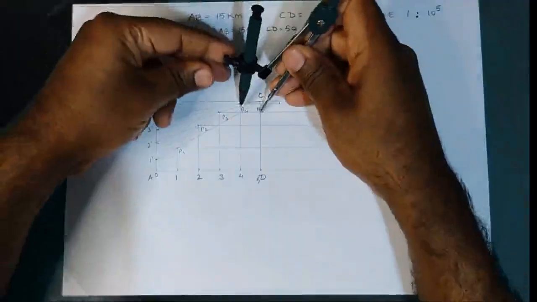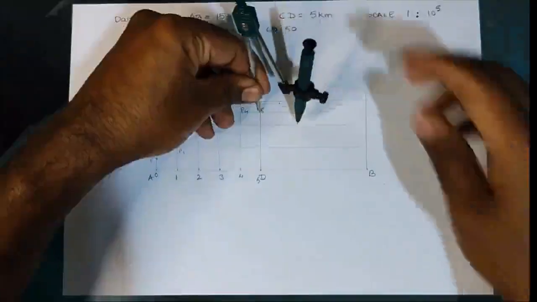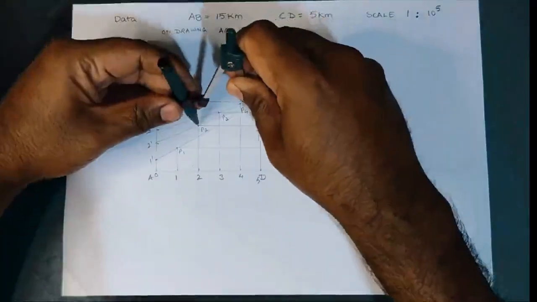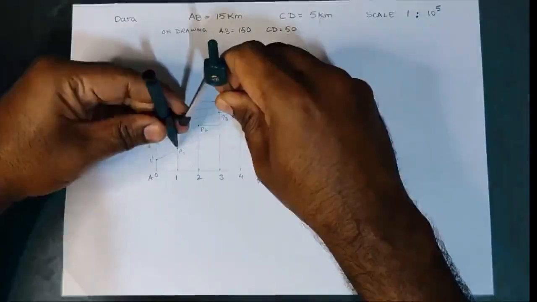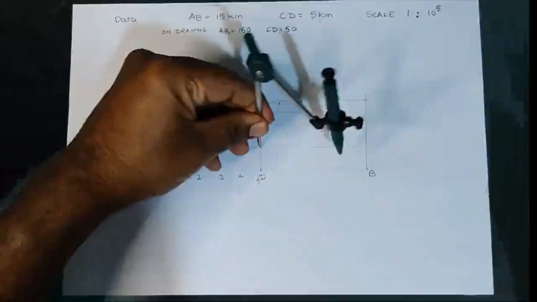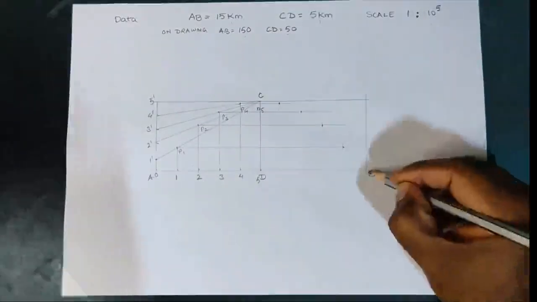So this is P4 I have transferred. Now I transfer the P3 point, then the P2 point about its horizontal and the P1 point about its horizontal. So all the points transferred are darkened so that there is clarity of points.